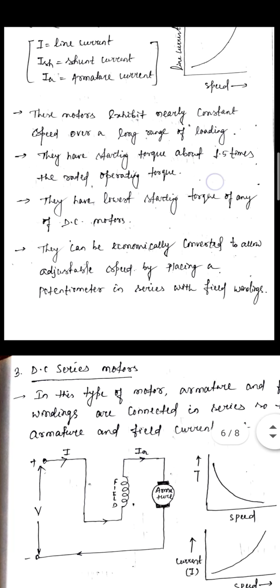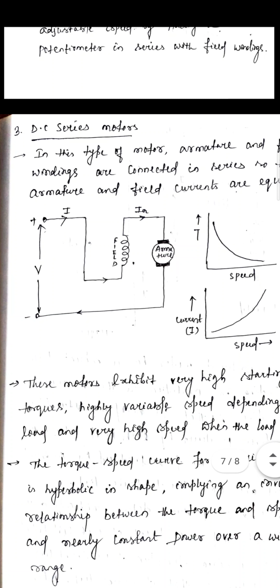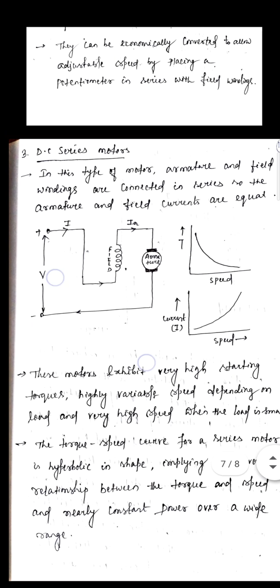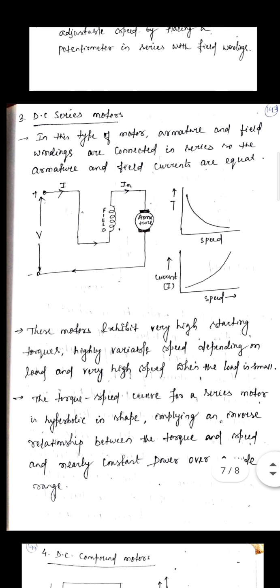So next one is your DC series motor. Look at the figure first. As the name suggests, in a DC series motor the armature and field winding are connected in series.